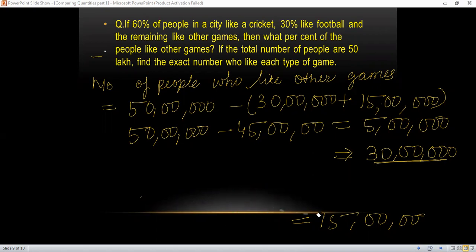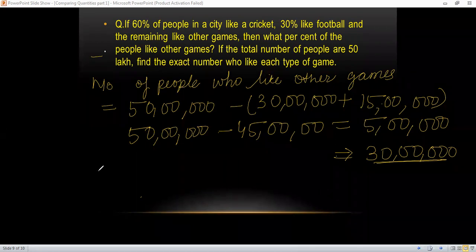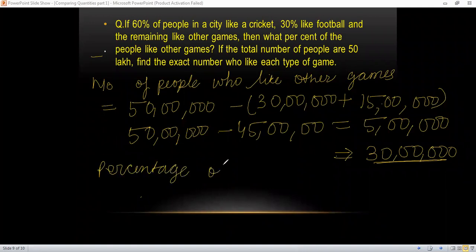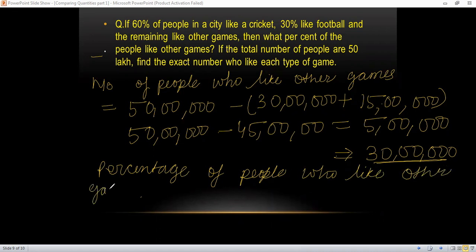So for that, what I will do, finding the percentage of people who like other games: 5 lakh upon 50 lakh into 100.